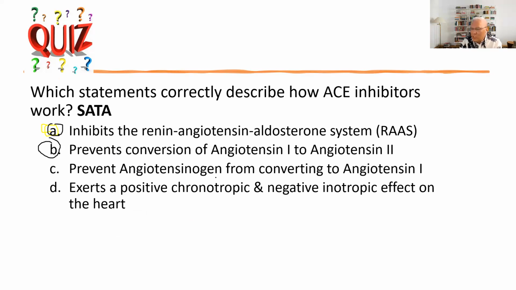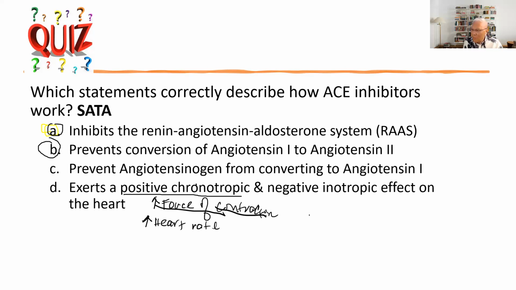Prevent angiotensinogen. Well, this is incorrect because angiotensinogen is the one that produces or activates angiotensin 1, actually. And letter D exerts a positive chronotropic and negative inotropic effect on the heart. So positive chronotropic, meaning to say that it is going to increase the force of contraction. That's what positive chronotropy is. And negative inotropic effect, sorry about that. Chronotropy is increase heart rate.